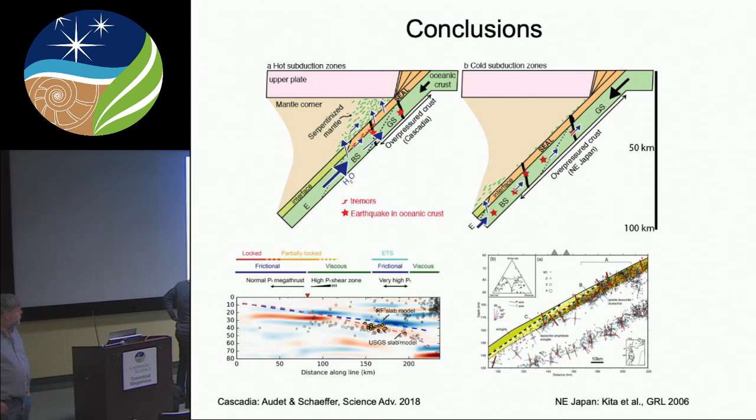So it means that here we would get the fluids out of the crust, which also corresponds to the point where we stop having this diffuse seismicity in the oceanic crust. And this diffuse seismicity is due to the fact that here the crust has a fluid overpressure because we have an effective seal, and then we lose this seal, and so we lose the fluids, and we don't get any more this diffuse seismicity in the crust.